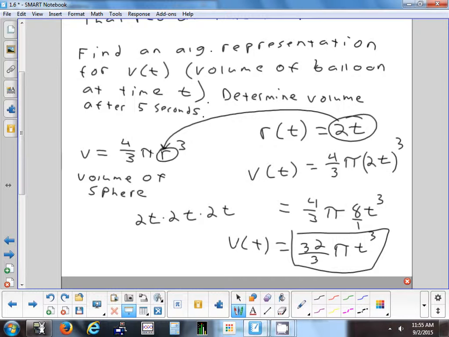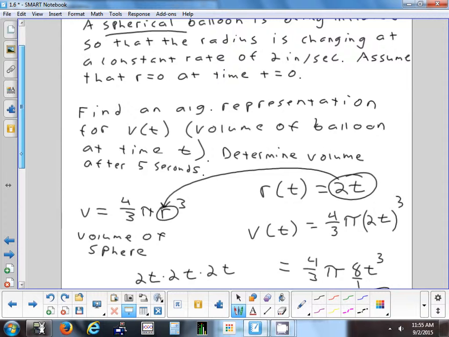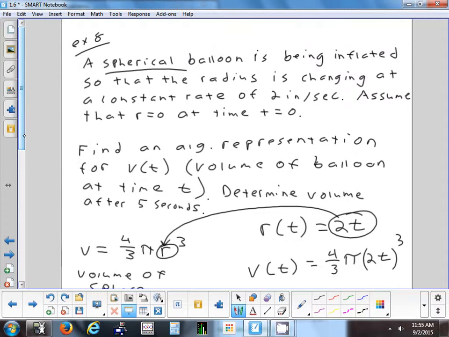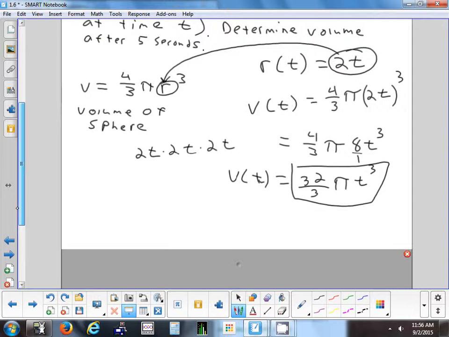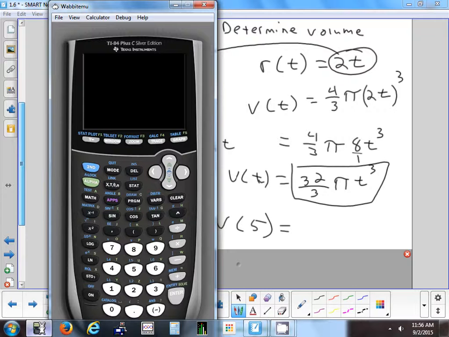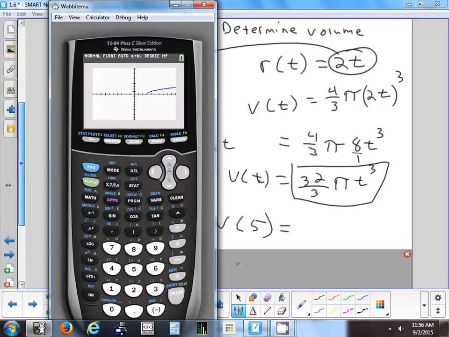It's the volume of a balloon as a function of time. Okay, and the last part says find the volume when the time is 5 seconds. So you just fill 5 in for t. Okay, so let's see, if we do that out, we're going to have 5 cubed is 125, times pi.